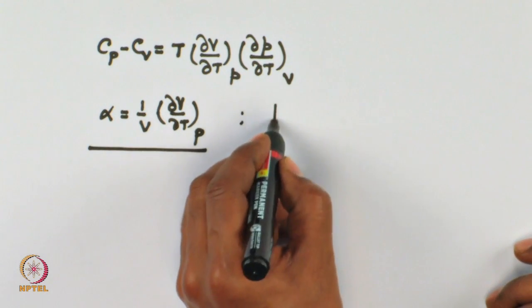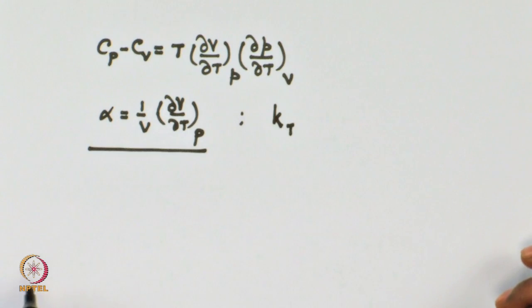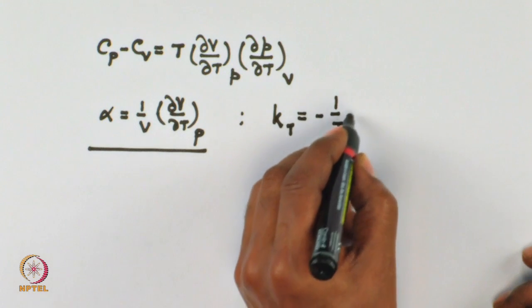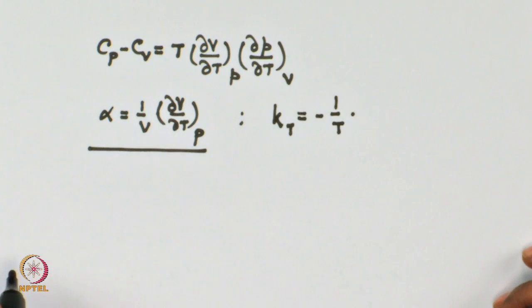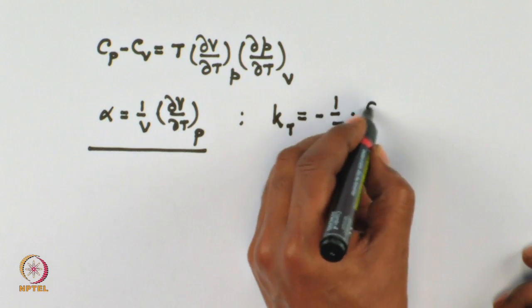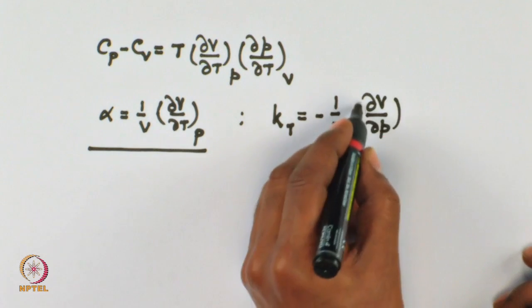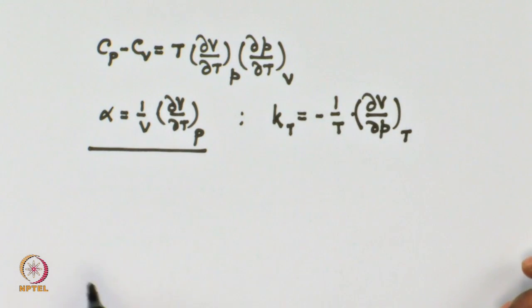And the isothermal compressibility Kt is equal to minus 1 over V into how the volume responds to pressure at constant temperature.